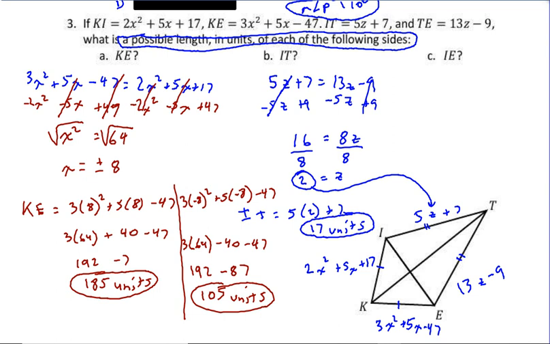What about segment IE? Oh, that wasn't the highlight tool. Here we go. Segment IE. What about that? Part C asks for segment IE. Do we have enough information at this point, given only the sides of the kite?